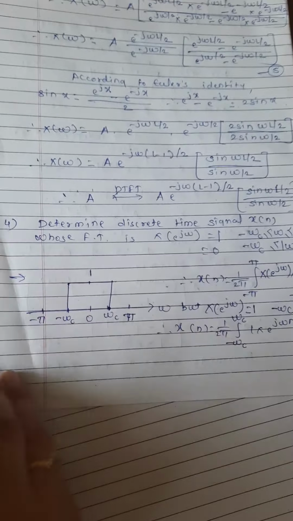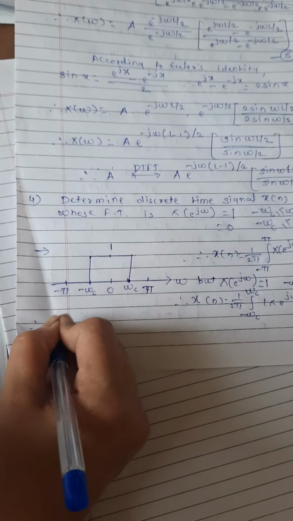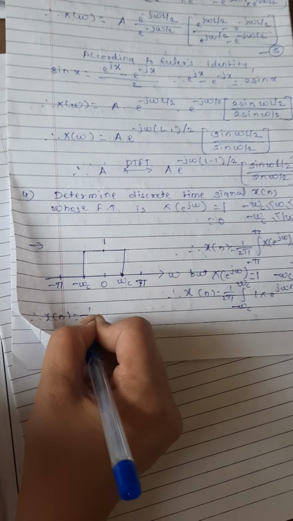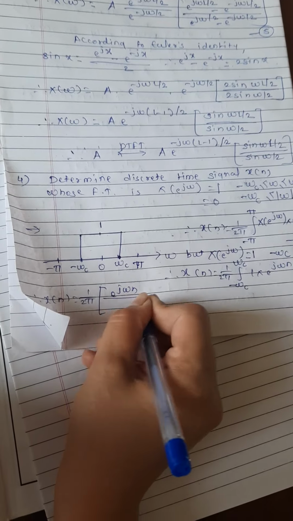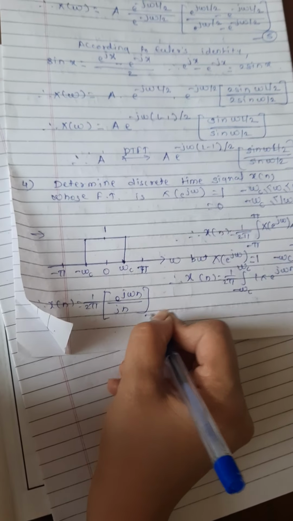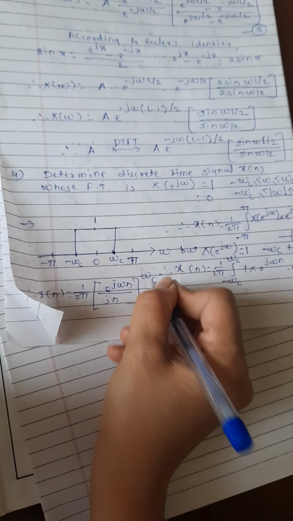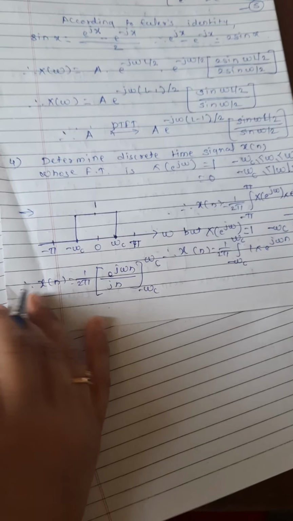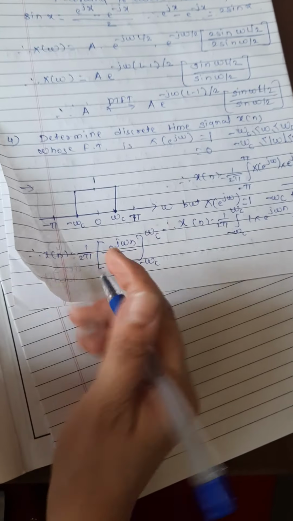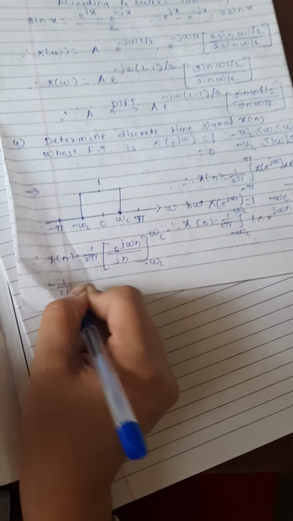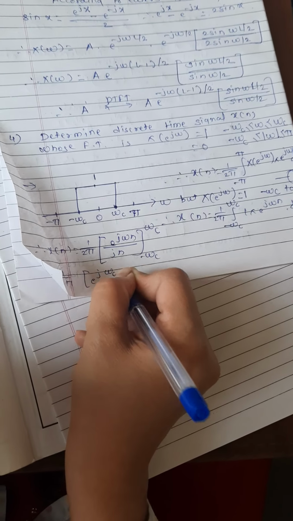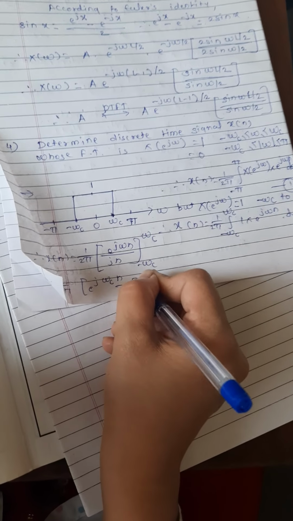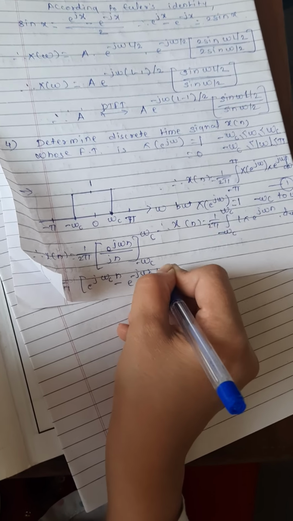So we solve this. x of n is equal to 1 by 2 pi, which is constant, e raised to j omega n divided by j n, from minus omega c to omega c. Now we substitute these values and we can write 1 by 2 pi j n times e raised to j omega c n minus e raised to minus j omega c n.